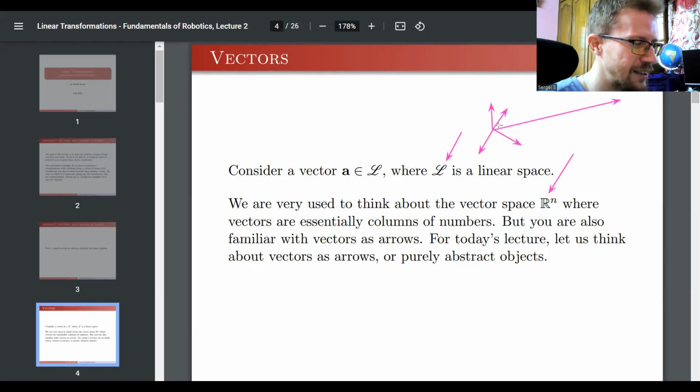Let me give a few examples, just a couple. One is polynomials. Polynomials form a linear space. If you remember Fourier transformation, approximating functions with sines with different frequencies, those form a linear space.